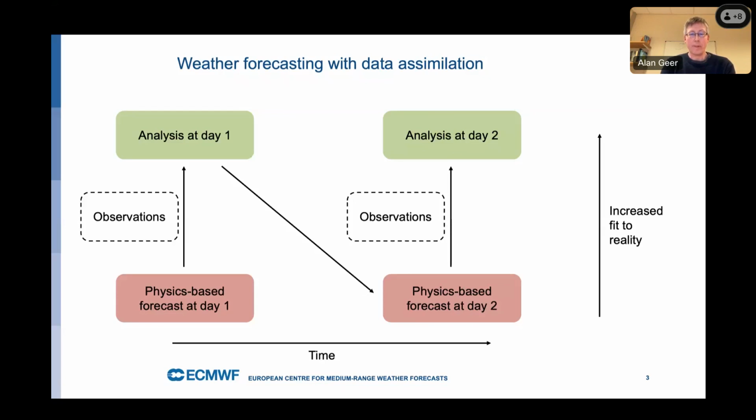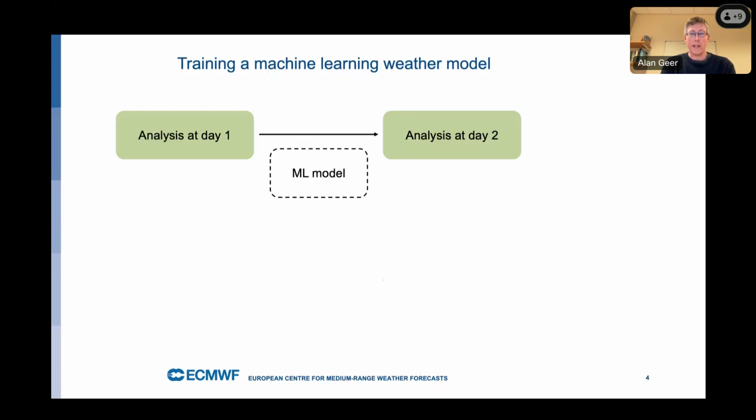And in the early days of data-driven forecasting, the idea was to fit, in general, to train your machine learning model against physics-based forecast models. Of course, that has the problem that you can't learn to forecast any better than the physics-based reference model that you're using. So one of the key steps forward in the recent years for the data-driven forecasting is to train against the analysis. So the machine learning model is trained between the analyses, typically from the ERA5 reanalyses.